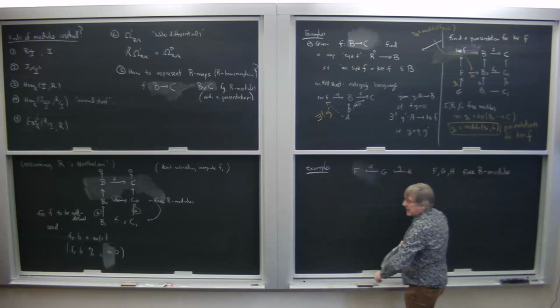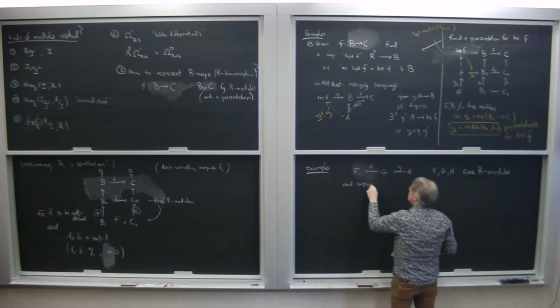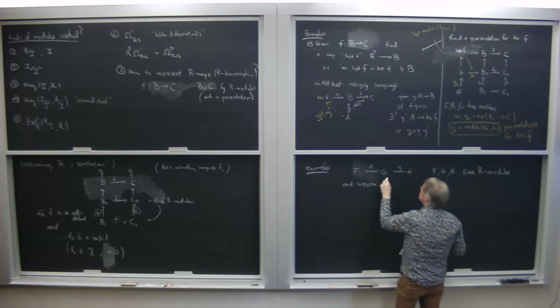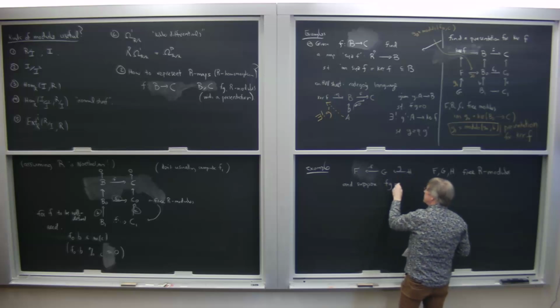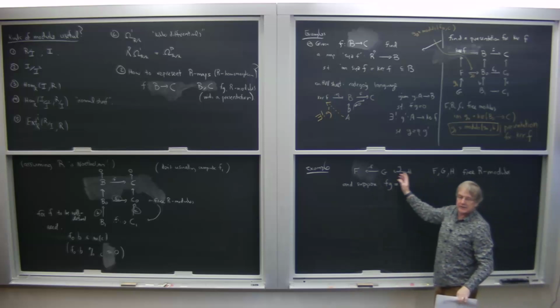Okay, and it's a complex. So when I compose it, I get 0. F times G, you do G first, then F, and you get 0. Okay, so these are just 2 matrices.